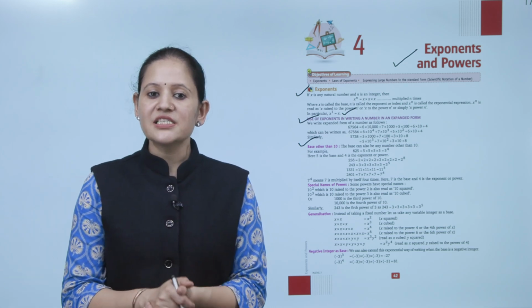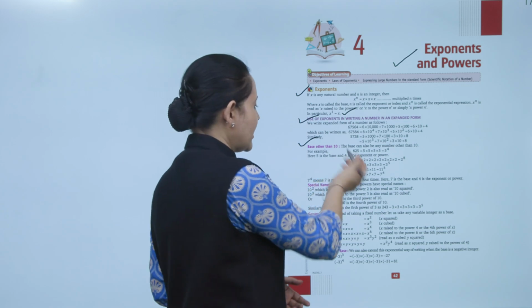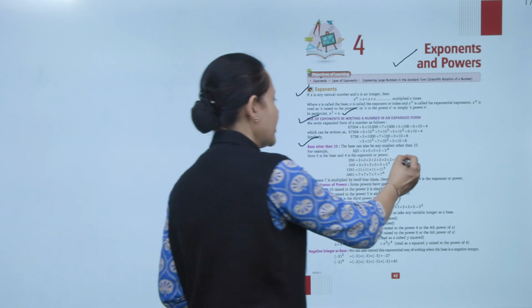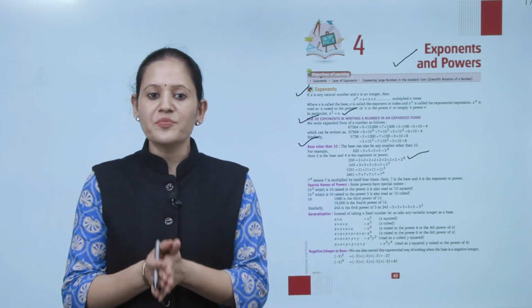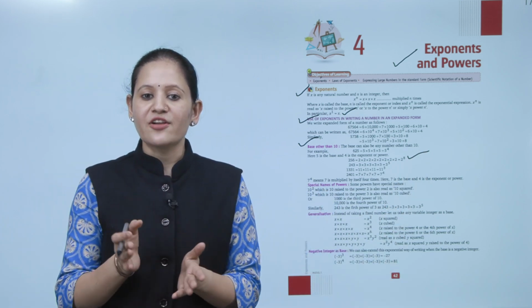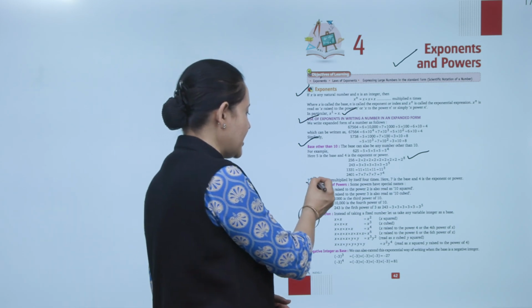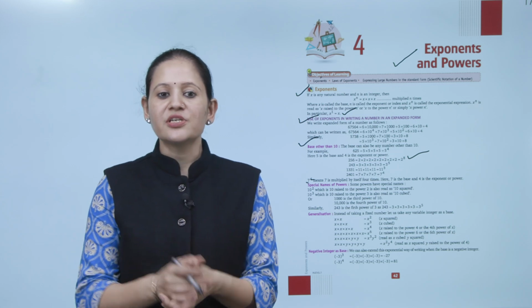Here 5 is the base and 4 is the exponent or power. In the same way, 256 equals 2 multiplied by 2, 8 times, which equals 2 to the power 8. 7 to the power 4 means 7 multiplied by itself 4 times. Here 7 is the base, and 4 is the exponent or power.